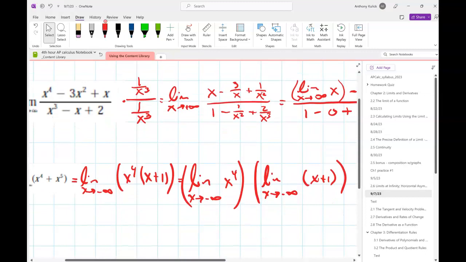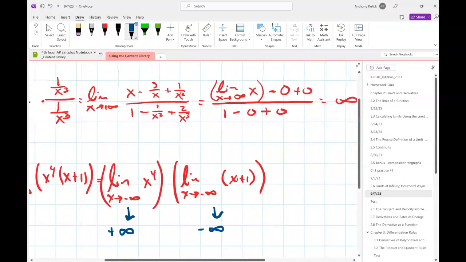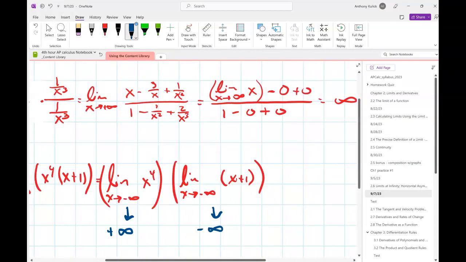If I look at this limit, it's going to positive infinity. If I look at this one, it's going to negative infinity. If I multiply a giant positive number and a giant negative number, I get a giant negative number.